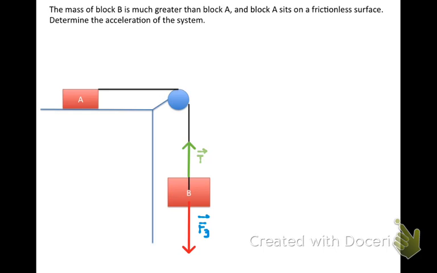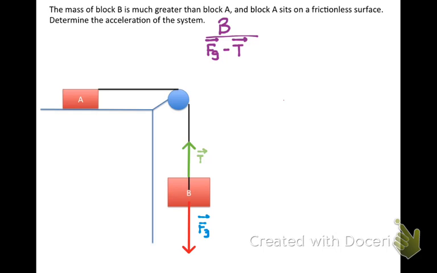And I can go ahead and label it up here. So for block B, we know that there are two forces involved. Force of gravity and tension, and of course they don't work together, so we don't want an addition operation there.